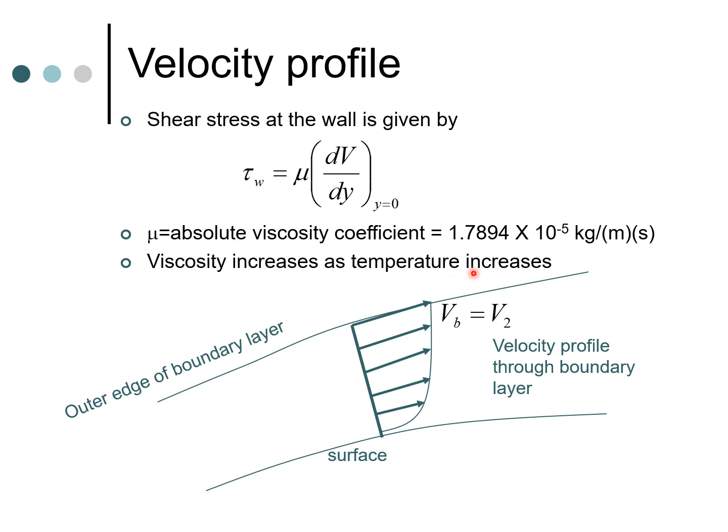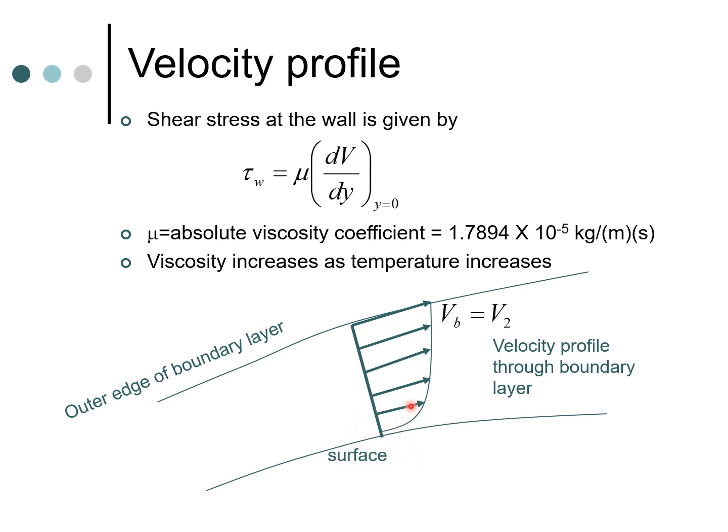Viscosity typically increases as temperature increases. If we go back to the boundary layer and look at it, the surface is here, the outer edge of the boundary layer is here, and the velocity profile is somewhat like this. At the outer edge of the boundary layer, Vb is equal to V2, and of course at the wall the velocity is simply 0. This slope here is going to determine for us what the skin friction is, because all the skin friction action takes place at y equals 0.